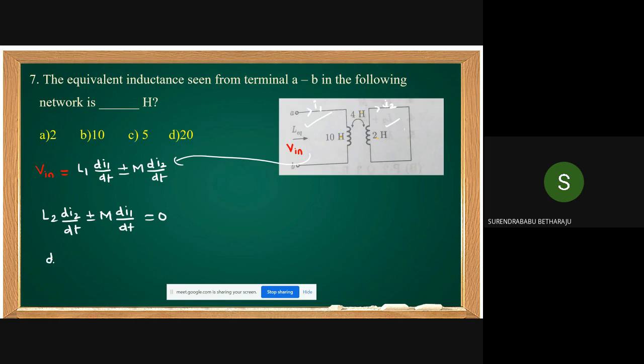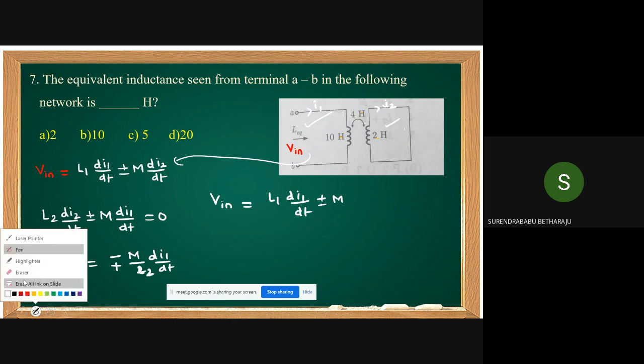Then from this, what is di2/dt? di2/dt equals minus or plus M by L2 into di1/dt. Then Vin equals L1 di1/dt plus or minus M into, substituting di2/dt, M by L2.